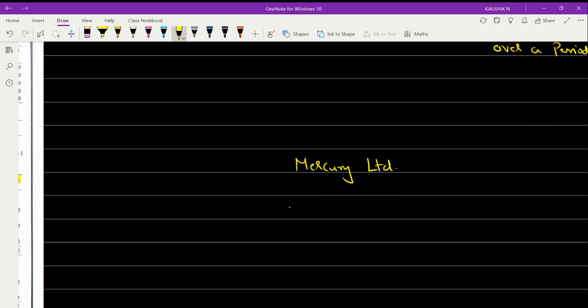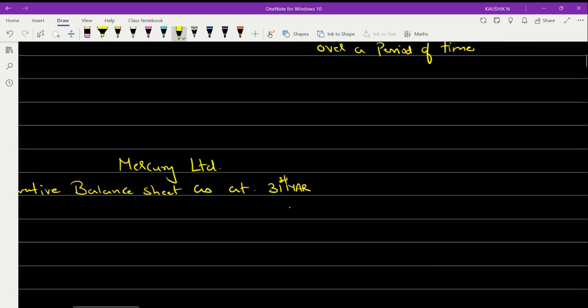And then what you are going to perform is a comparative statement, and that too for the balance sheet. So write it in such a way: comparative balance sheet as at 31st March, the two different years 2021 and 2022.